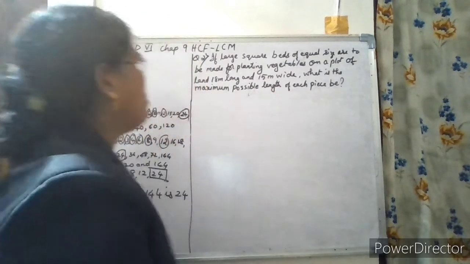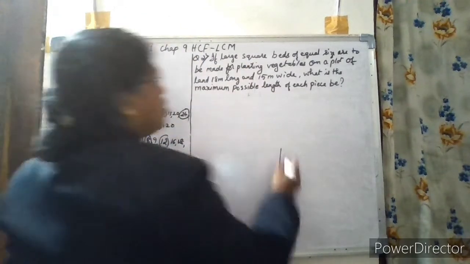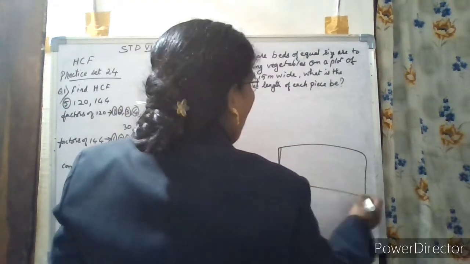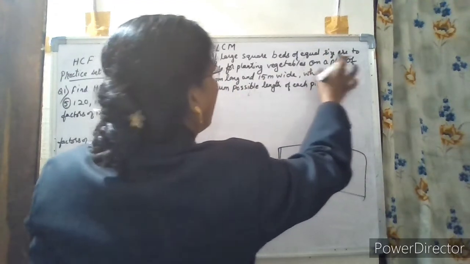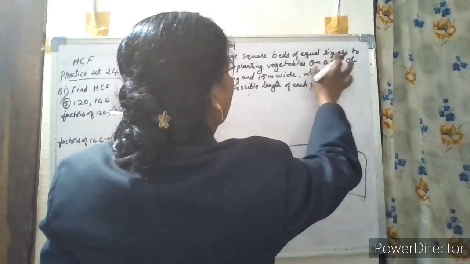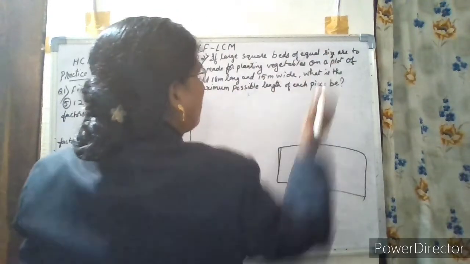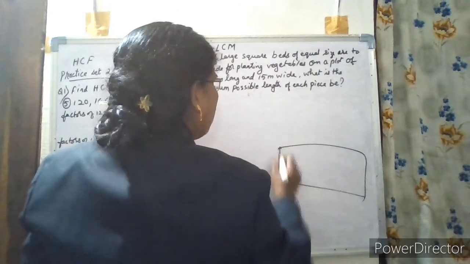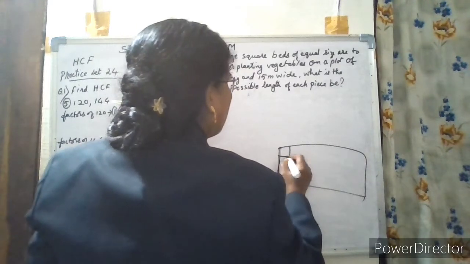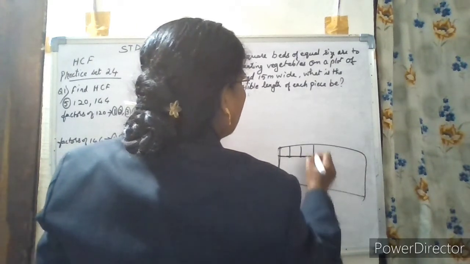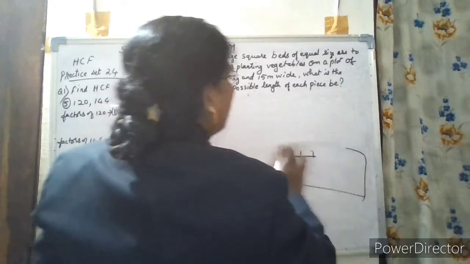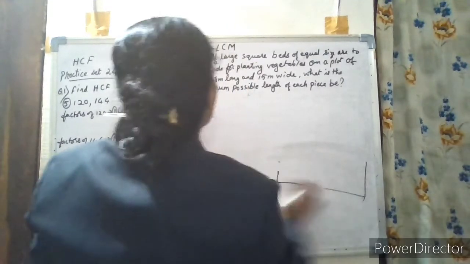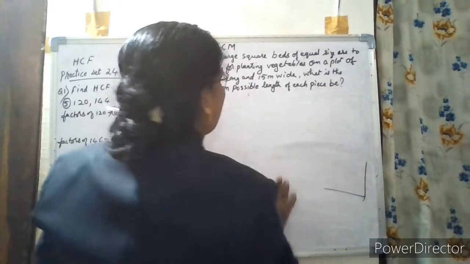Means there is a large land and it has to be divided into square beds of equal size. So the length is given as 18 meters and the breadth is given as 15 meters.